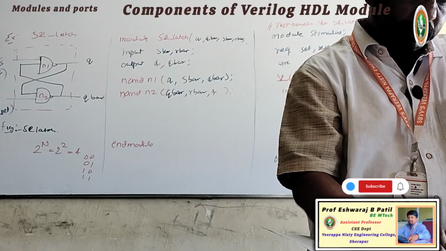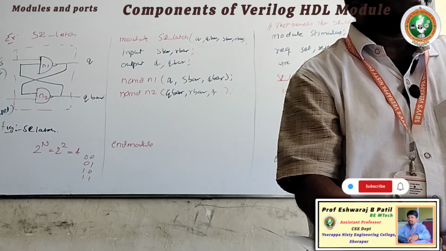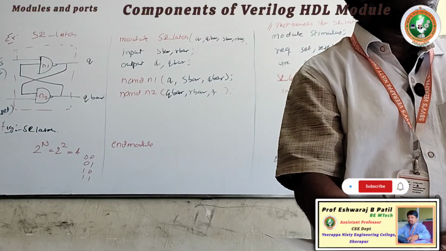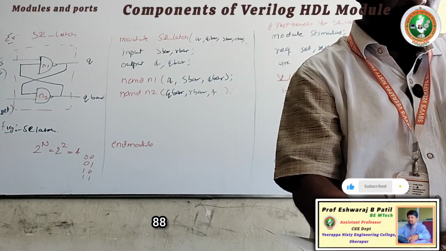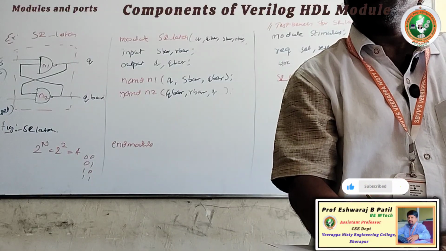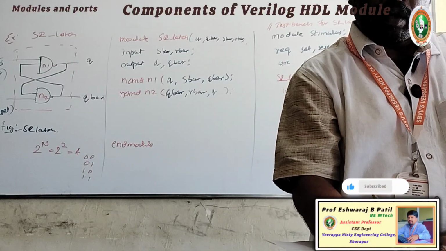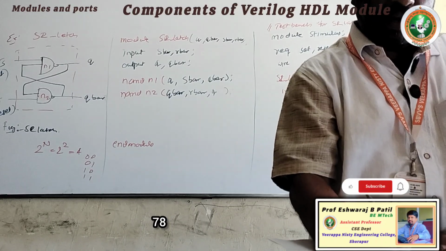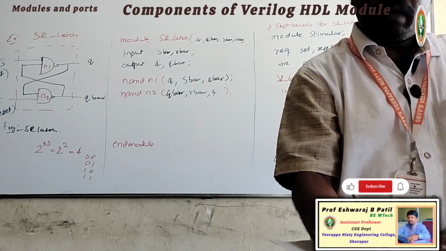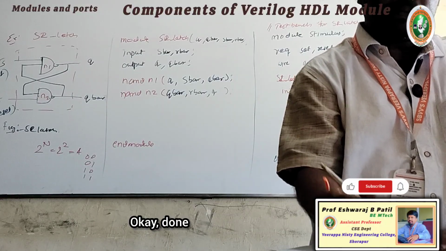Prabhudev, 63, 59, 75, 88, 50, 89, 64, 104, 104, 101, 78, 19, 90. Okay, 90, 99. Okay, done.